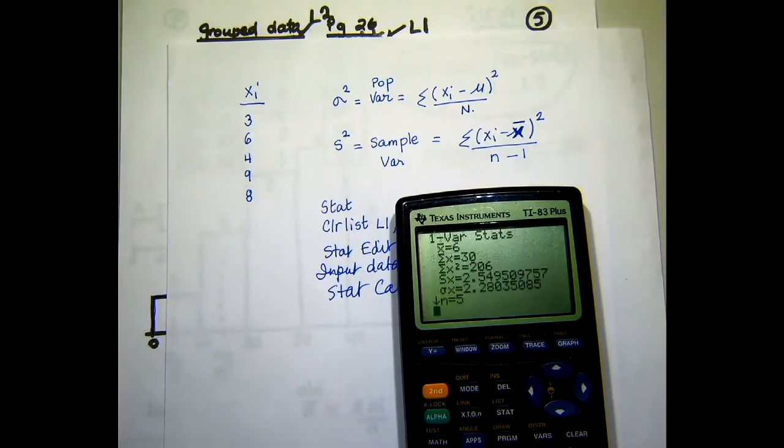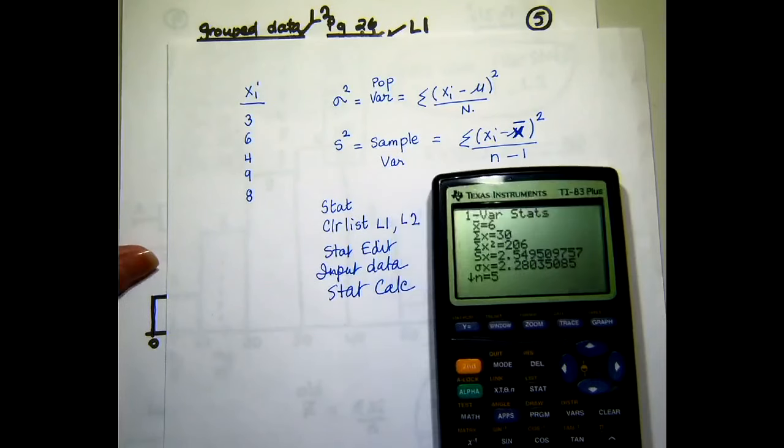And hit enter. And I'm done. Like I said, if you have the latest version, it will ask you for what's the frequency list. You should say L2 and put 1s in the L2 list. Is there anybody here who has a calculator on them and cannot get these numbers to work?